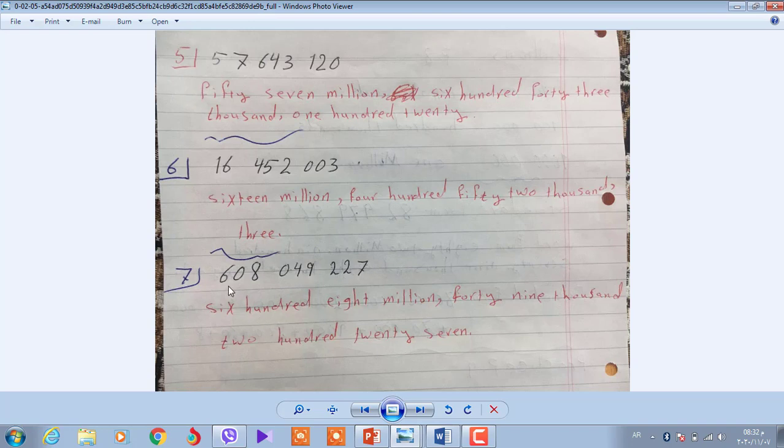So how can we write it? 608 million, 49,000, 227.